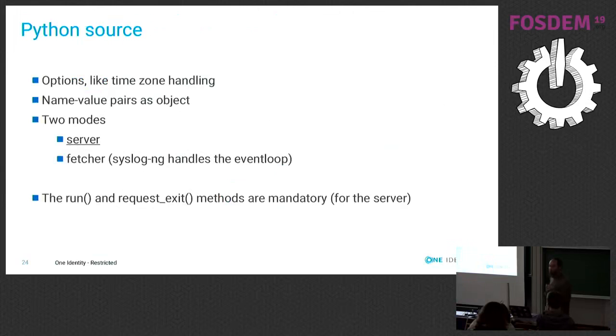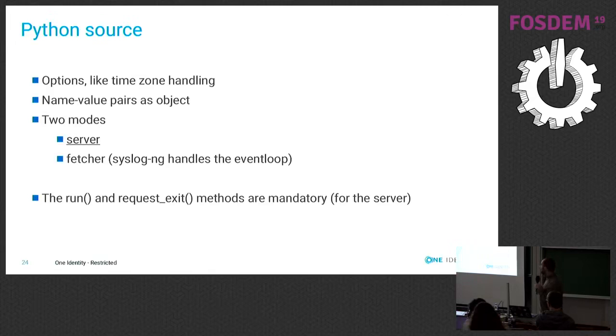Finally, we also have a Python source. This was released just recently, probably 2 or 3 months ago. It has very few optional configuration possibilities, like time zone handling. Name value pairs are handled here also through an object, and it has 2 modes. You can write a complete server application for collecting messages, or you can use it as a fetcher where syslog-ng itself handles the event loop.